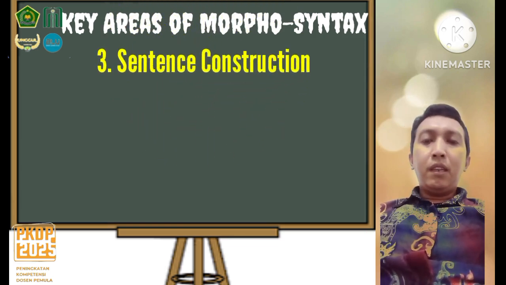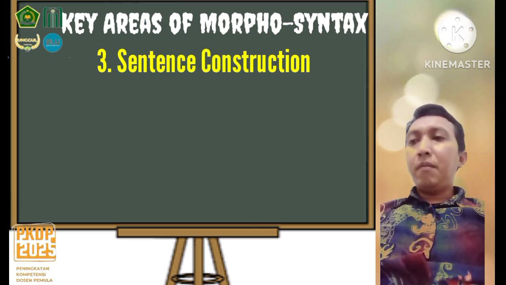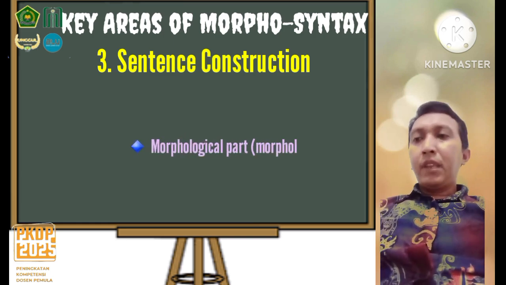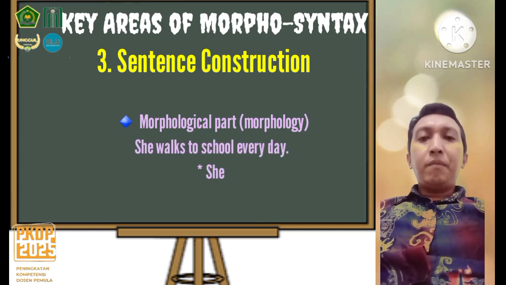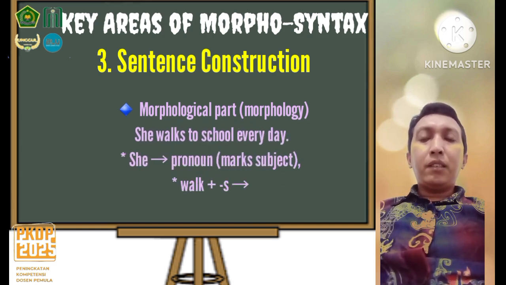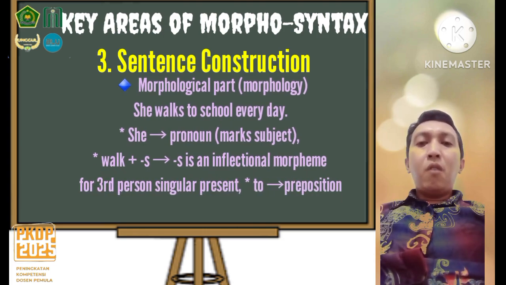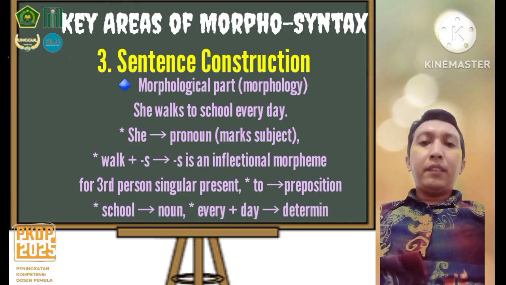The first one is the morphological part, or morphology, with the example sentence, she walks to school every day. Here she is a pronoun in word class, and it marks the subject in the sentence. And the next one is walk, added with the suffix s.